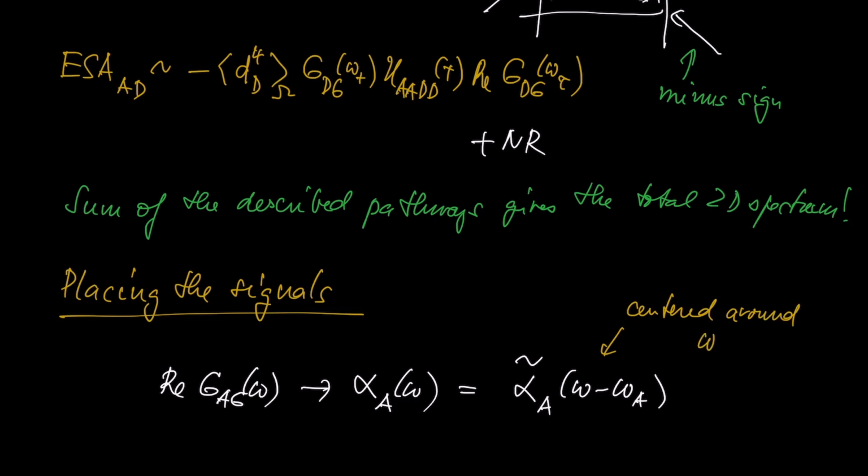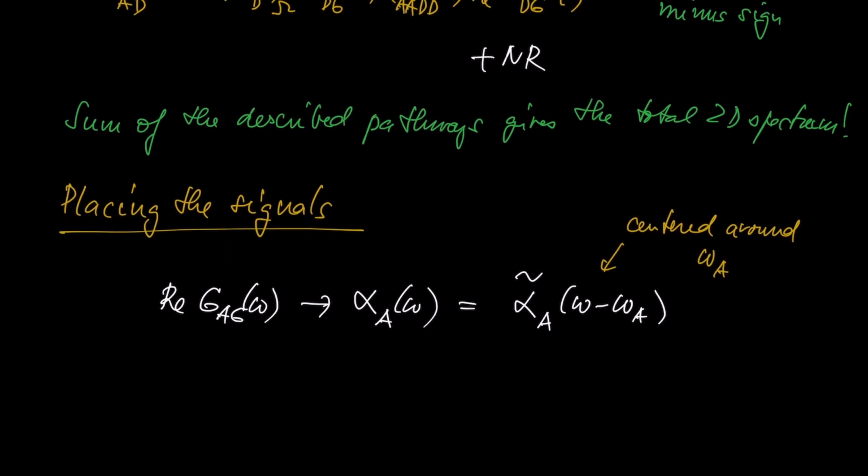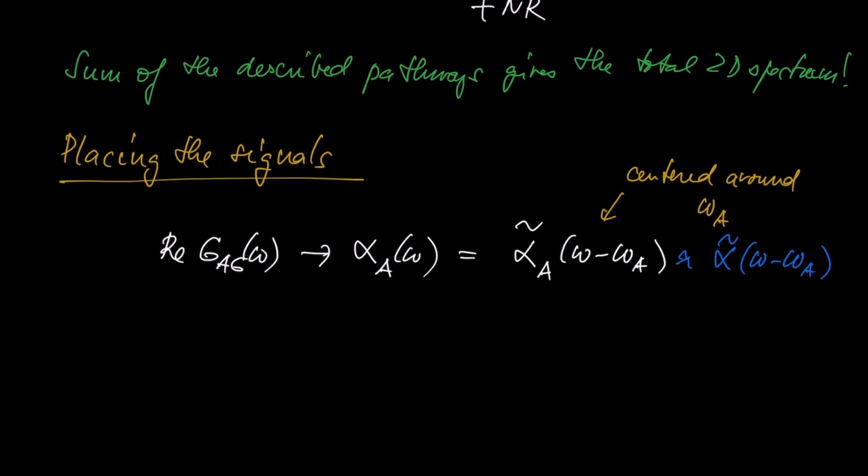In principle we could also assume that both the line shapes are the same, and then we would write just omega tilde, omega minus omega A, and the position of the spectrum is determined by the omega A only, and there's one and the same line shape, although A and D can have different line shapes, so we can also use the subindex A and D to distinguish these two.